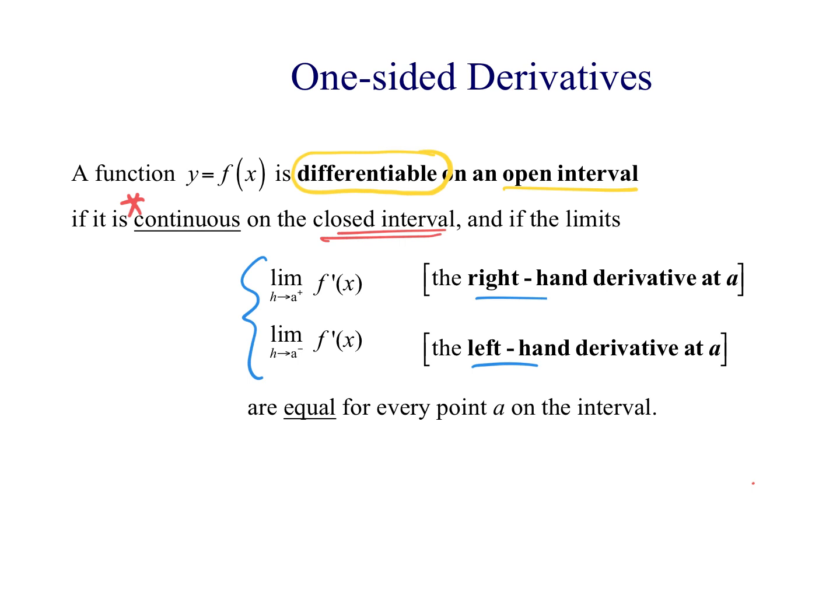One, is it continuous? You have to check that first. Two, check the right-hand derivative. Three, check the left-hand derivative. If it meets all three of those things, then we say the function is differentiable, or it has differentiability. Those are just two ways to say the same thing.